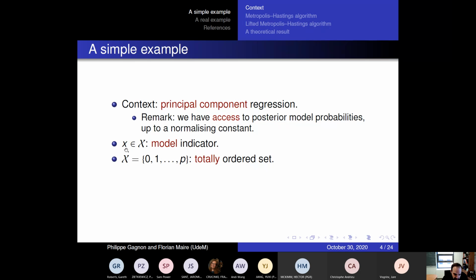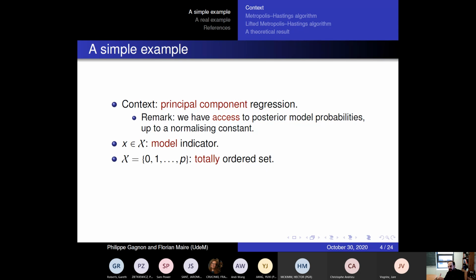This model indicator can take values in the set 0, 1, 2, up to P. What we mean by those numbers is, for instance, when X is equal to 0, you have 0 principal components included in your model. If X is equal to 1, you have 1 principal component, and it's the first one. When X is equal to 2, you have 2, the first and the second one.